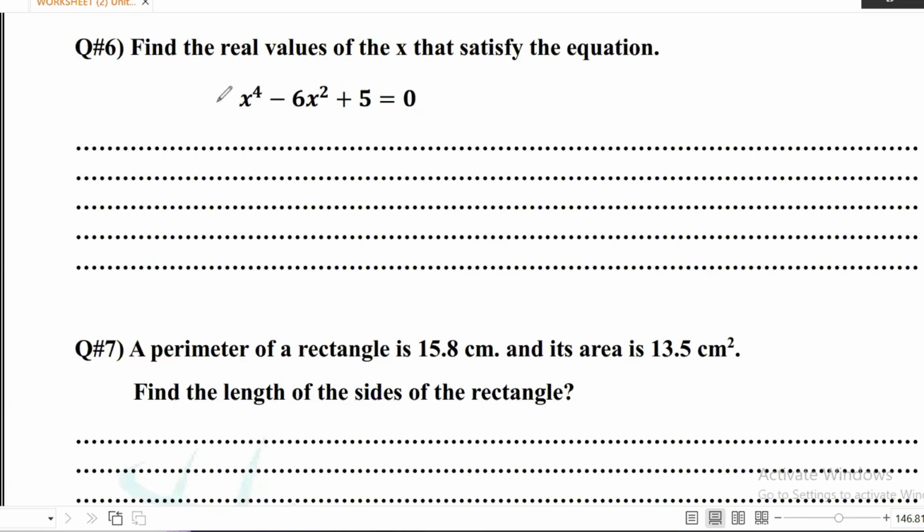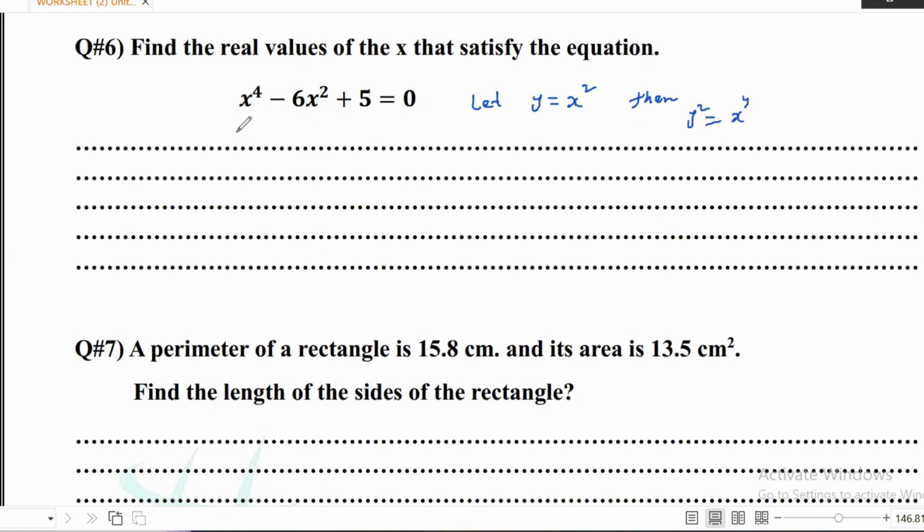This will work. Next question is find the real values of x that satisfy the following equation, which is x to the power 4. So in such a condition, when the polynomial has a square value, we try to suppose a substitution. For example, we can say let y equal x squared, then y squared equals x to the power 4.